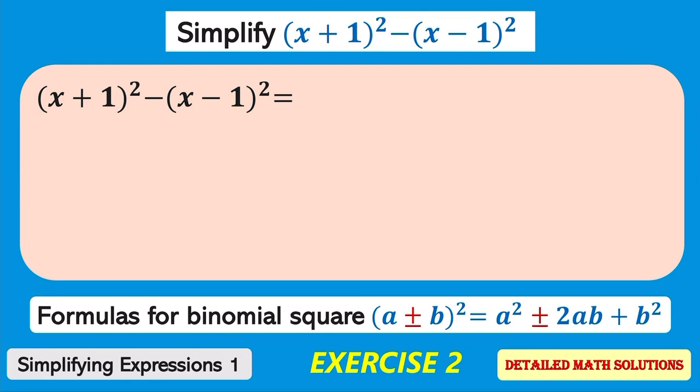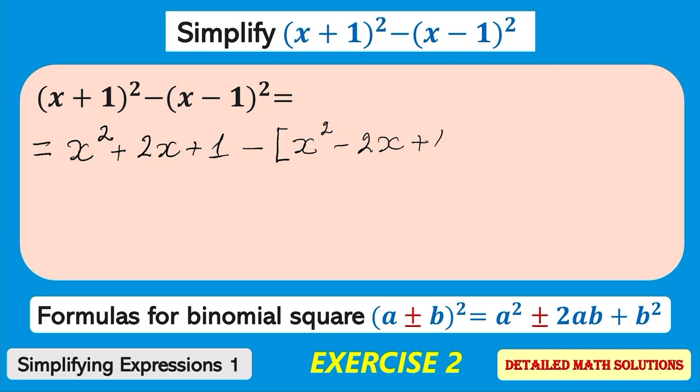Now, when I apply the formulas for binomial square, again, I get x squared plus 2x plus 1 minus, and now I have to put a parenthesis because I have a negative sign in front of it, and then apply the formula. So this equals x squared minus 2x plus 1, the same way like the previous example.